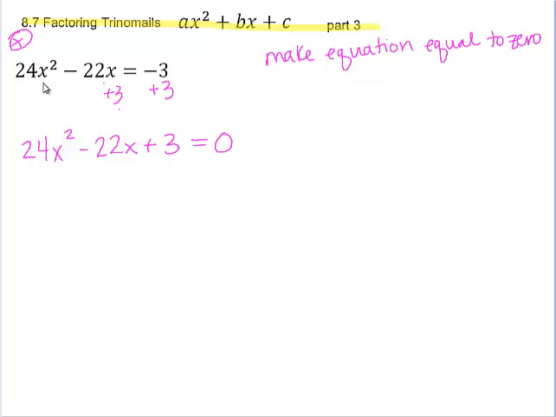So to factor it, we will multiply our 24 by our 3. 24 times 3 is 72.